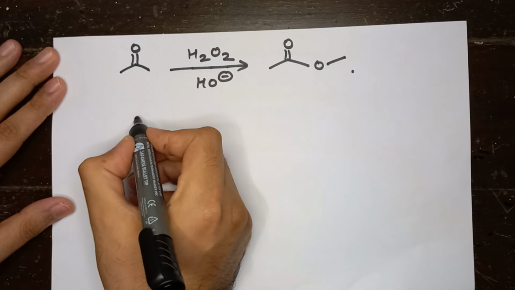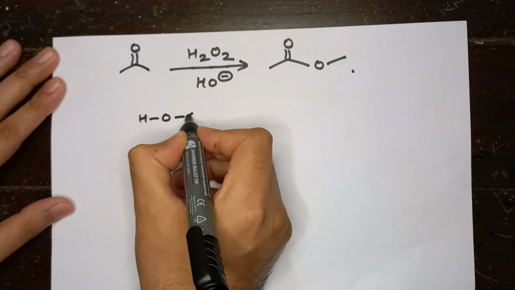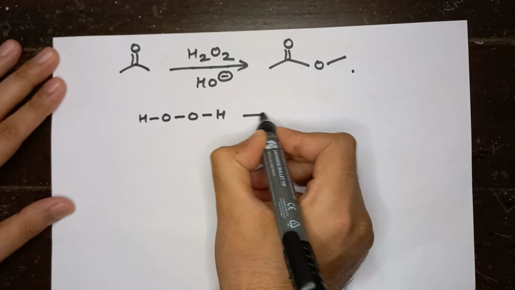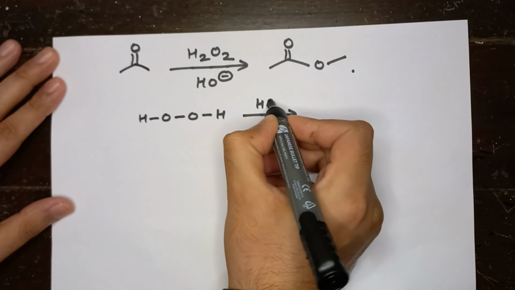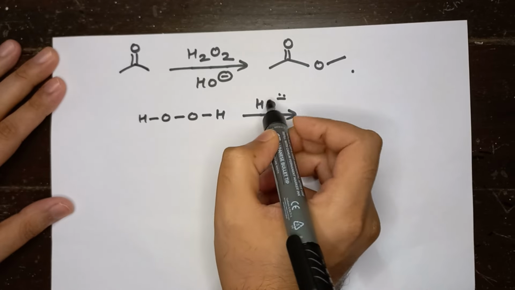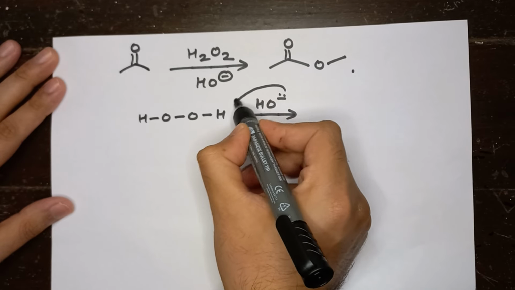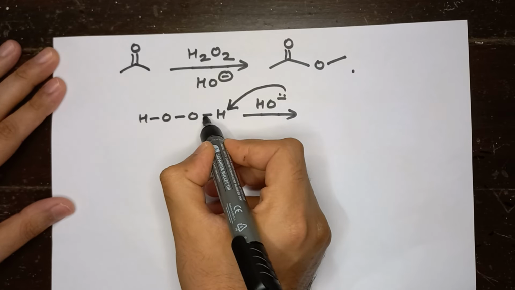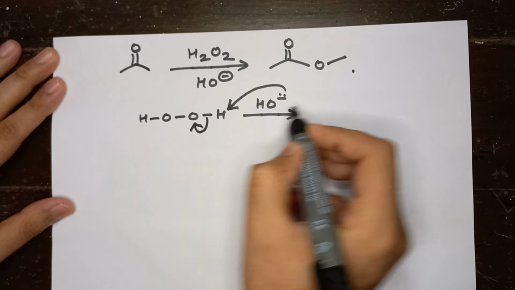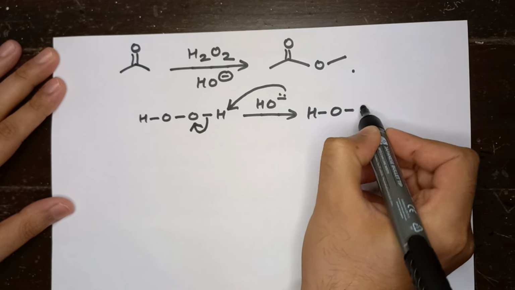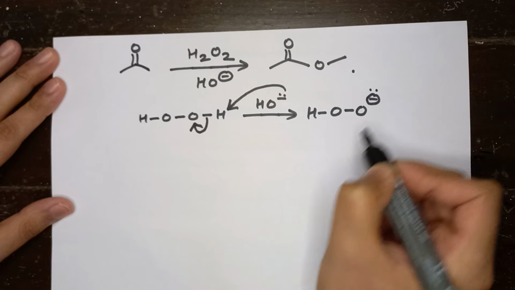Okay, so we have hydrogen peroxide and we have a basic condition. So this HO minus can take this proton and this bond pair will fall on oxygen. So we have this particular system.